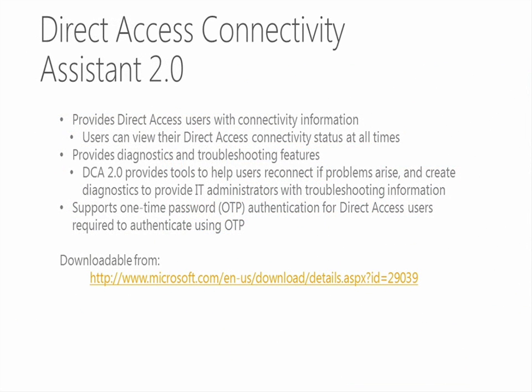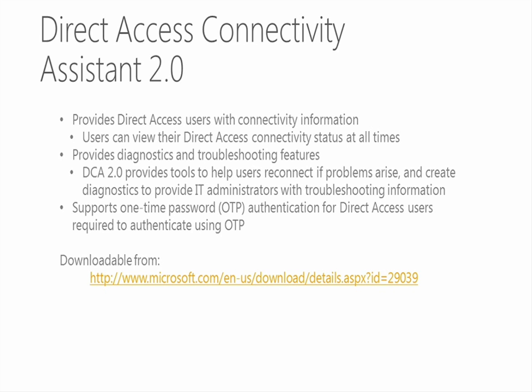We also have the DirectAccess Connectivity Assistant 2.0. This allows us to provide direct access users with connectivity information to see the status of their direct access connectivity. It's referred to as the DCA2, and provides a tool that helps users reconnect if a problem arises.